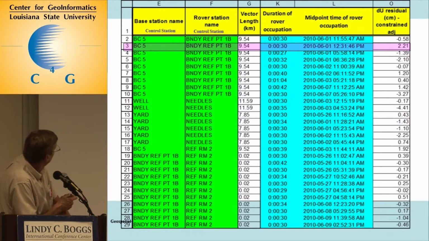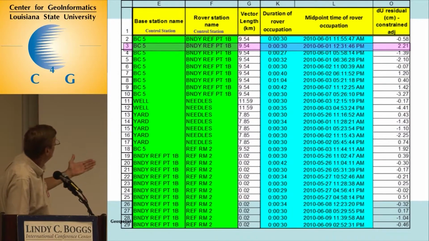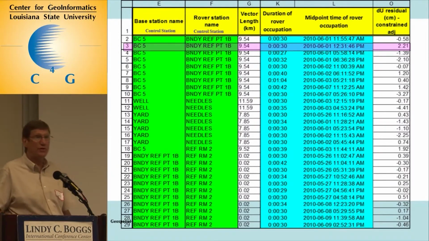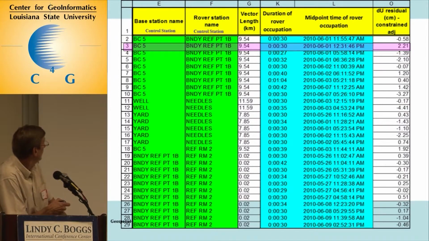Well, now BC5 also differed in time by about 2 centimeters. So here are 30-second observations, two different times, but different days. It's 2.7 centimeters between those two observations. Still not bad, but it's not exactly perfect. So there's that one I'll point out.